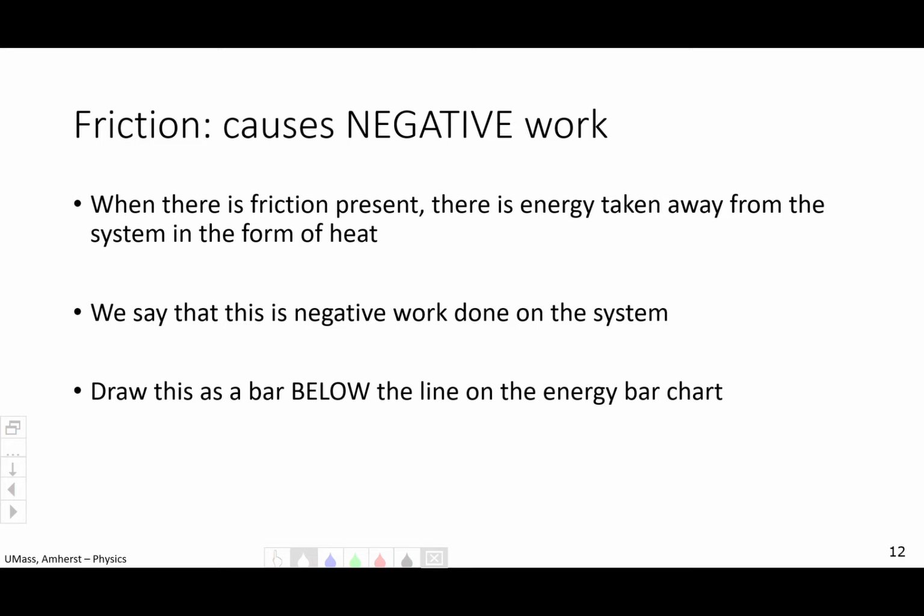So we say, in order to account for it in our conservation of energy concept, as negative work. And if we're drawing a bar chart, we're going to draw this as a bar below the line. Okay, so below the horizontal line, that's going to indicate a negative amount of work done on the system. It's work taken out of the system.